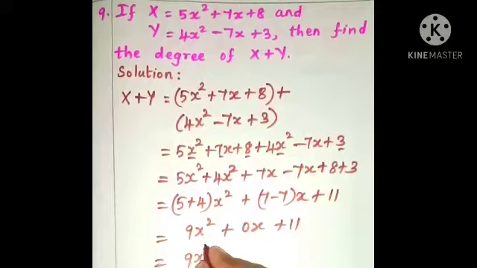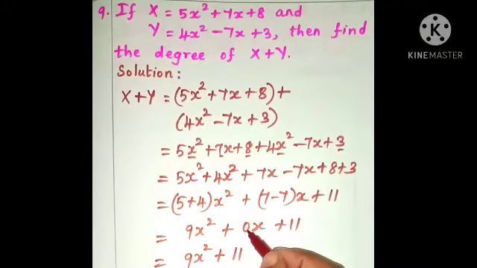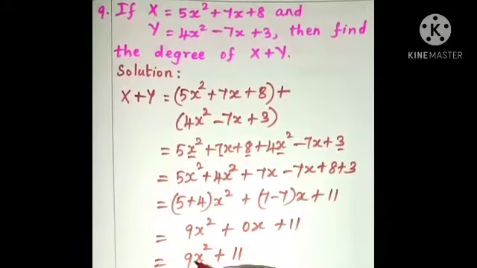Here we get 9x square plus 11, because any number or any variable multiplied by 0 is 0. So leave that term. Here we get the required expression as 9x squared plus 11.